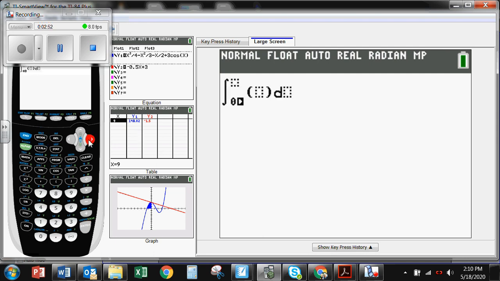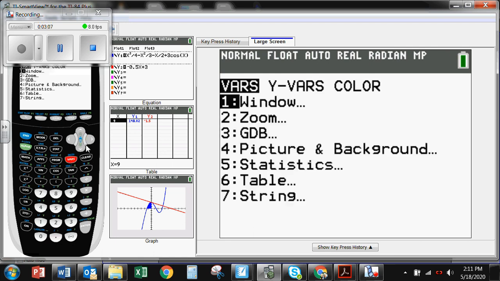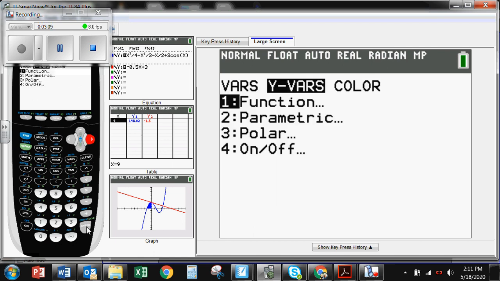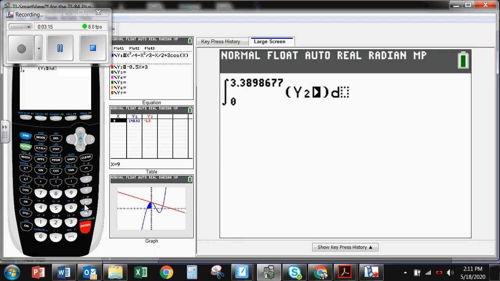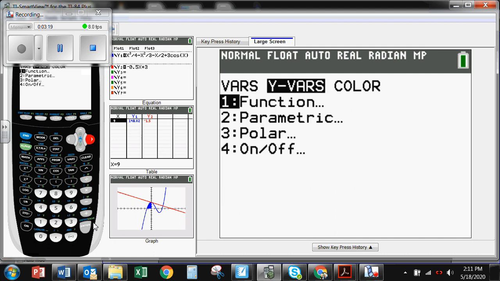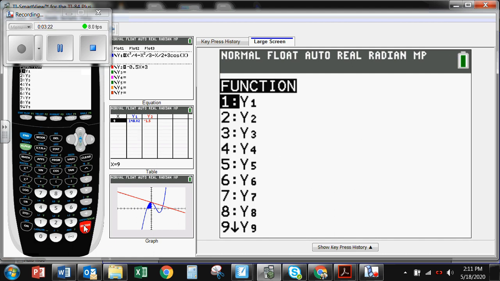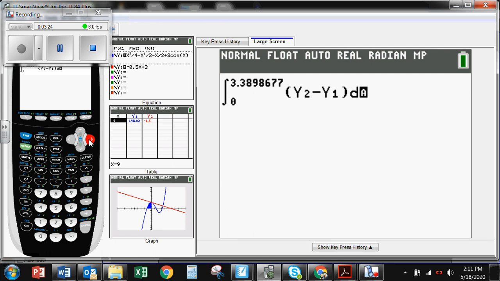From 0 to 3.3898677. Great. Now I'm going to do y2, Y-VARS, function, down to y2. That's the line. And I'm going to subtract y1, Y-VARS, function, y1, all with respect to x.